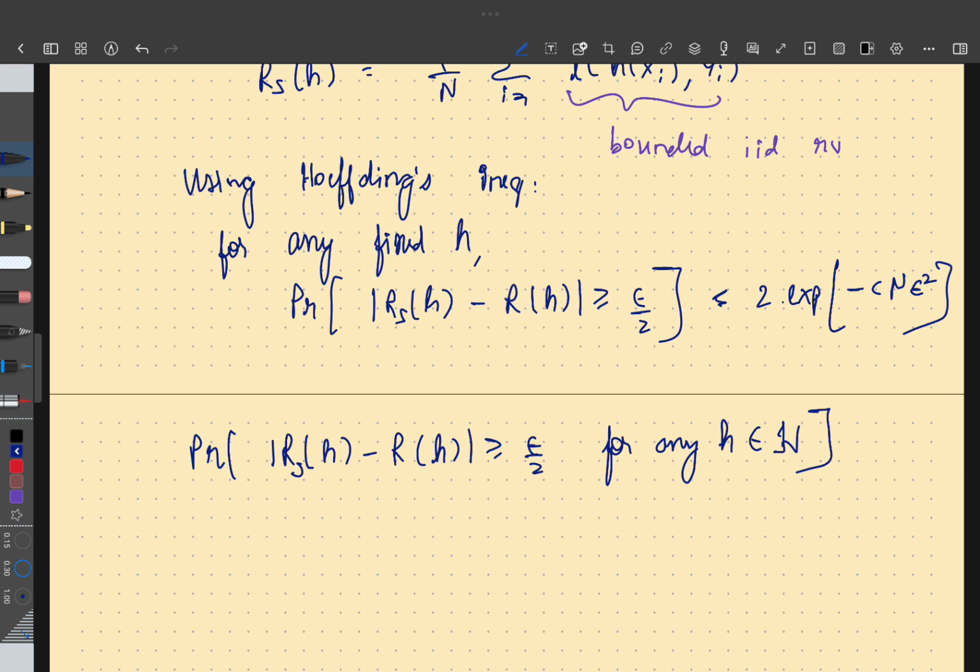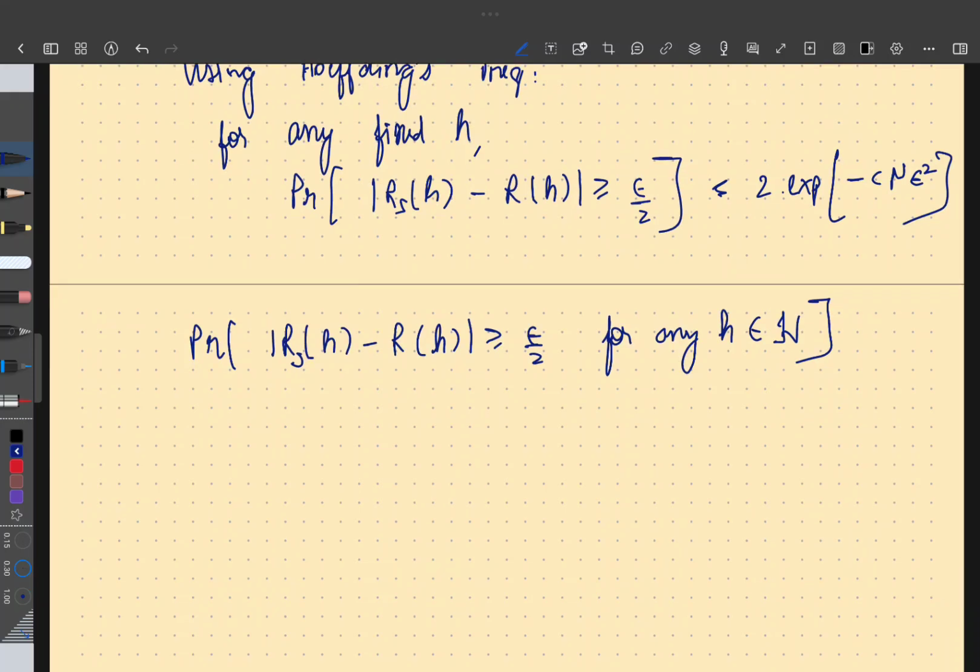If you want uniform convergence to hold, or if you want the sample to be epsilon by 2 representative, then Rs of h must be epsilon by 2 close to R of h for every h. And the bad event is that Rs of h is at least epsilon by 2 far away from R of h for at least one predictor in the hypothesis class.